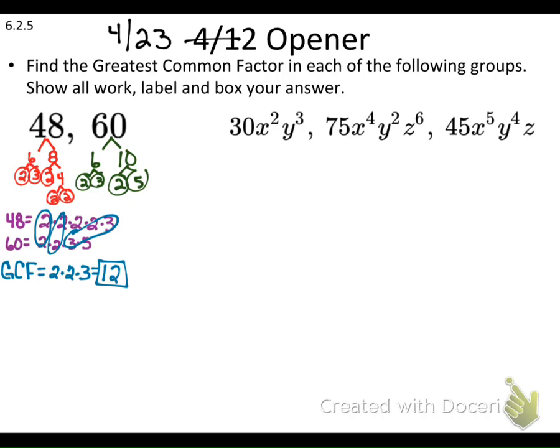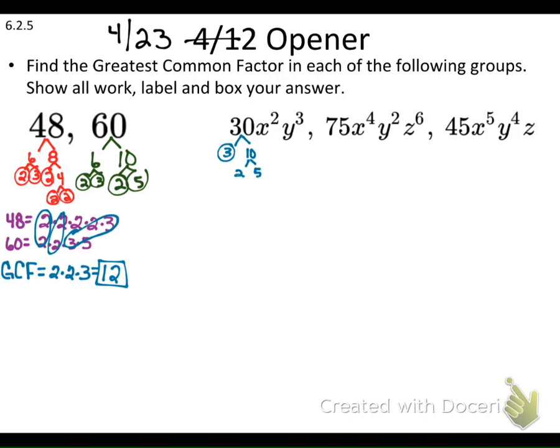This next one is going to get a little more complicated. Because not only do we have numbers to worry about, but we also have variables. So we're going to ignore those variables till the end, and we're going to go ahead and factor all of our numbers. So David, what two numbers can I multiply together to get 30? 10 and 3. All right, for 10, it's going to be 5 and 2.